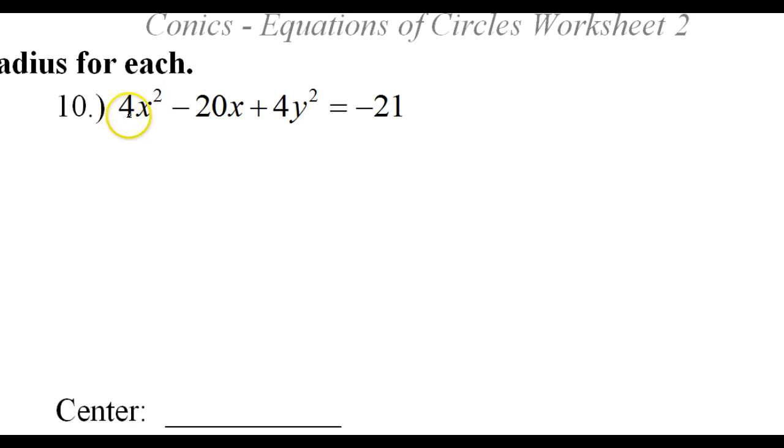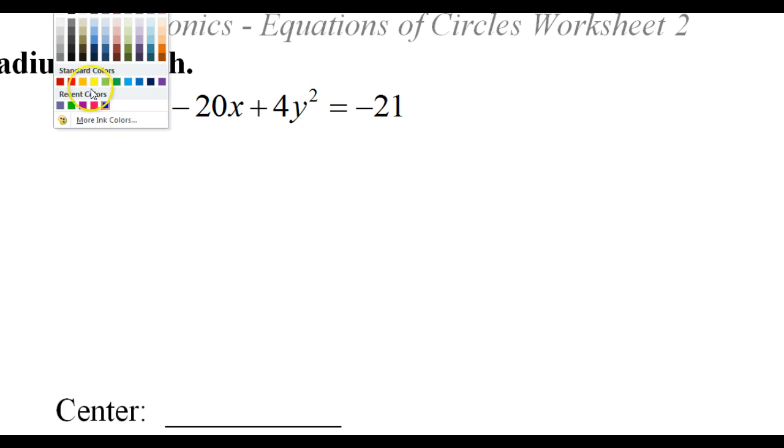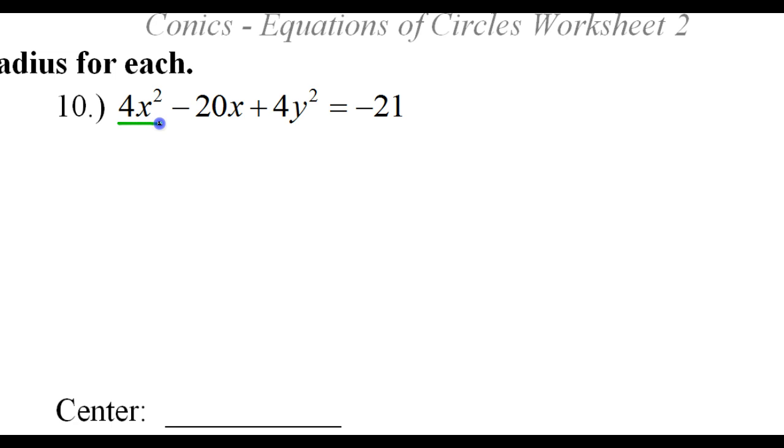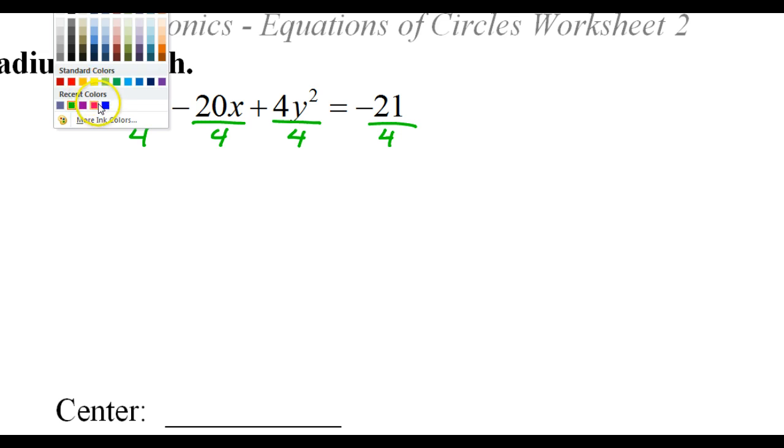So first of all, I really like my x squared and my y squared to have no number in front. So I'm going to try dividing everything by 4. Okay, so if I divide by 4, right away this is going to be a decimal. But I'm just going to roll with it for now.